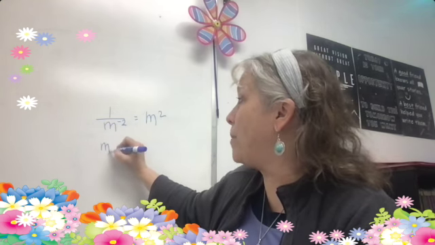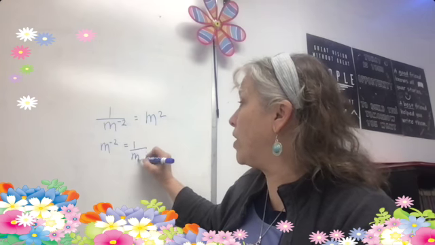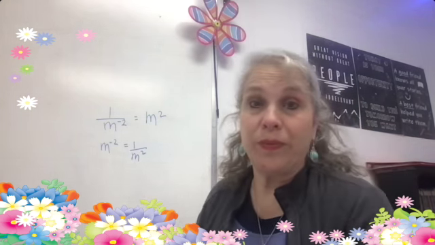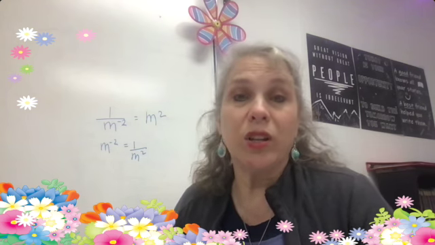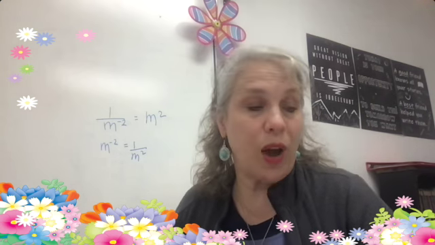And if I had m to the negative 2nd power, that is equal to 1 over m squared. So that is how to divide using letters and the exponent rules. This works for all letters, and it also works for numbers if you have numbers with exponents.